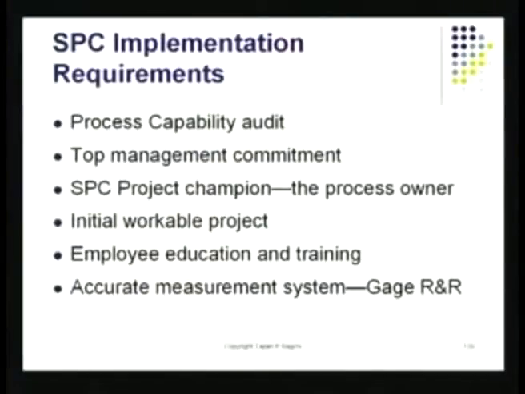There are certain requirements for implementation of control charts. First of all, something that is very important that I'm going to be discussing in the next session is have an audit done of process capability. And process capability is a really cute indication of whether your process or your machines or your factory is capable of supplying good quality, acceptable products to customers.